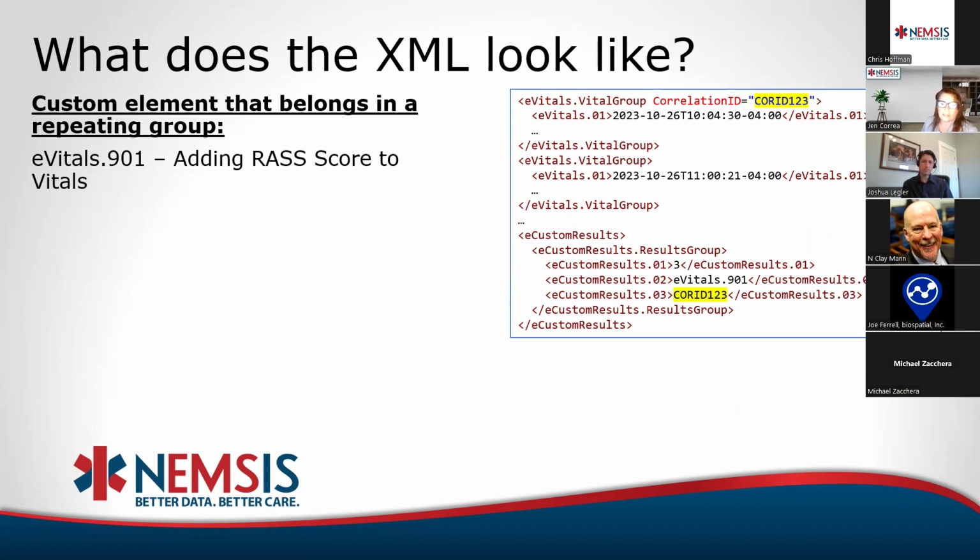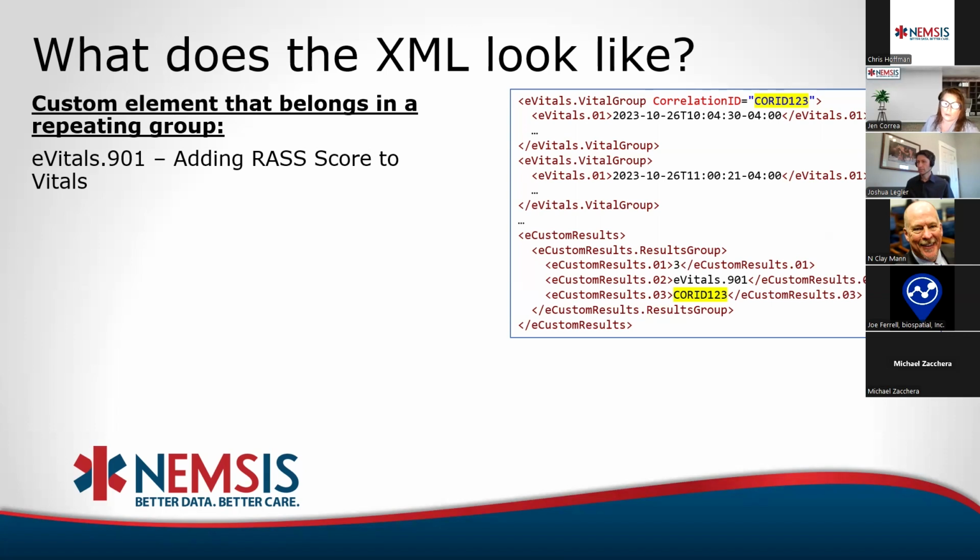There can be multiple groups of vitals taken, right? You can have one set of vitals to 20 sets of vitals if you have a long distance interfacility transport. So it's really important to know where and when the RAS score was done, and the way that's handled is through the correlation ID process.